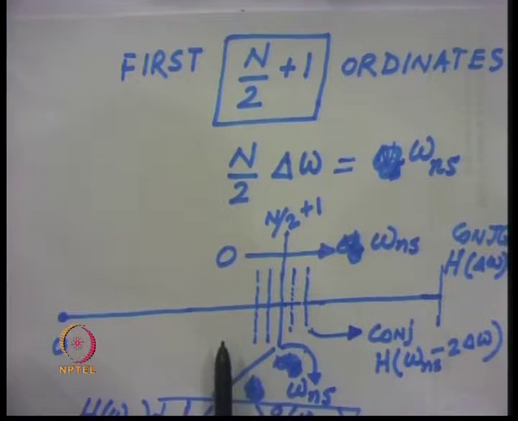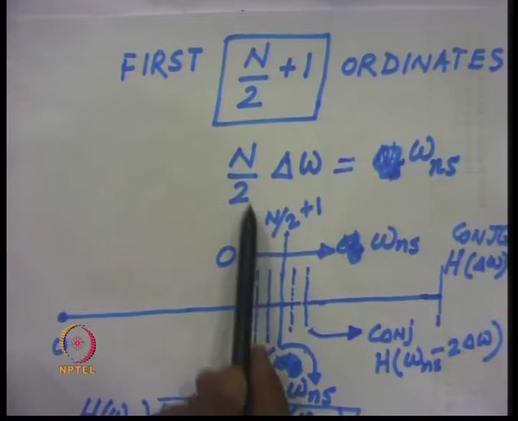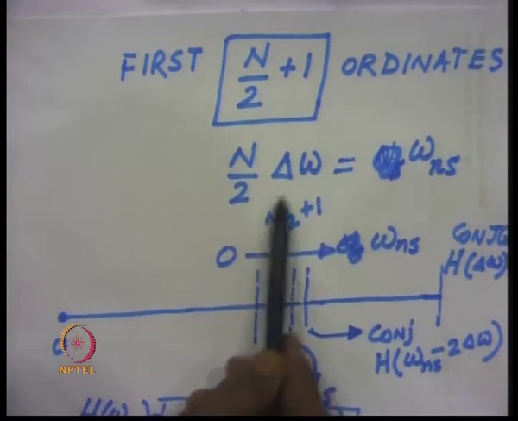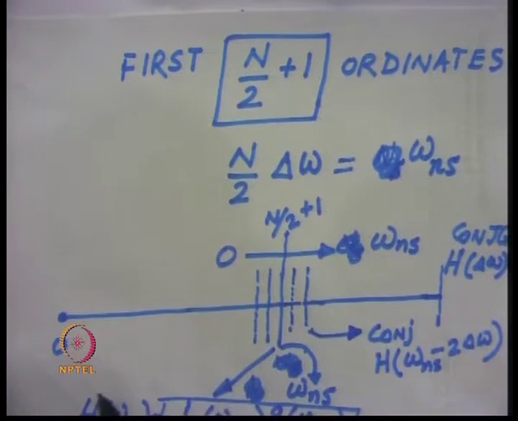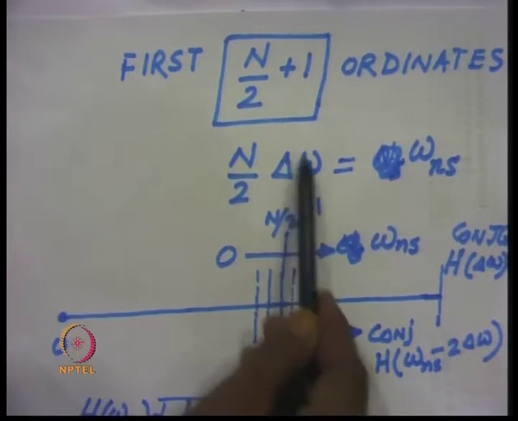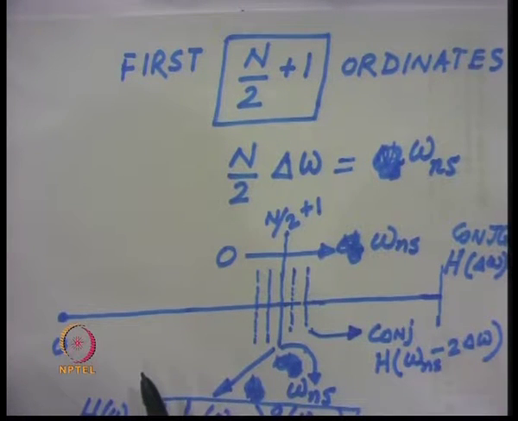The Nyquist frequency or the cutoff frequency is equal to omega ns. How to find out the value of omega ns? That is n by 2 multiplied by delta omega, where delta omega is equal to 2 pi by T, where T is the period of the excitation.